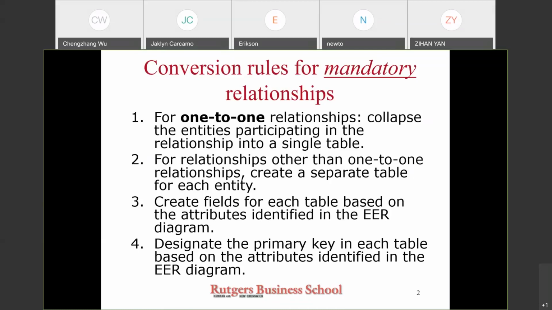And lastly, the extended ER diagram shows the fields or the attributes of each entity. Well, let's continue. And then we designate the primary key in each table based on the attributes.